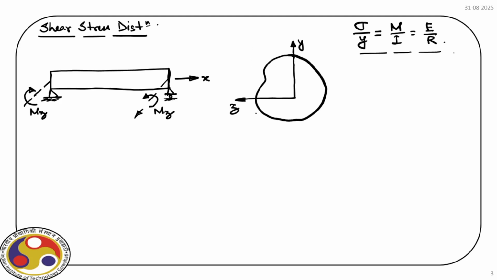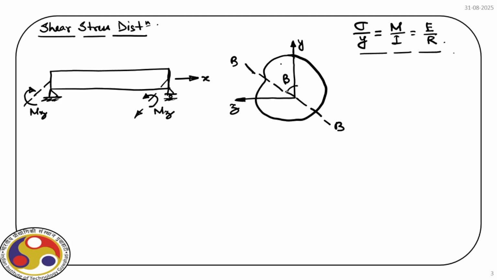Obviously even for an arbitrary section, we will have a centroidal axis, and let this centroidal axis be BB. The angle this centroidal axis makes with the y-axis is beta.